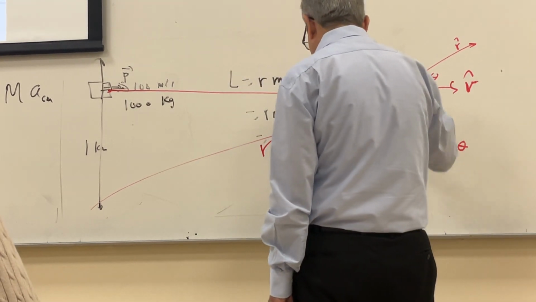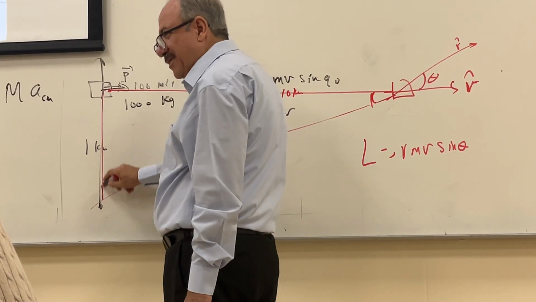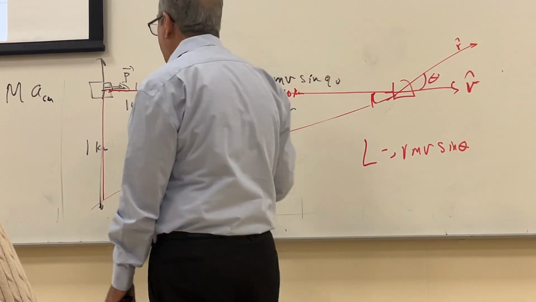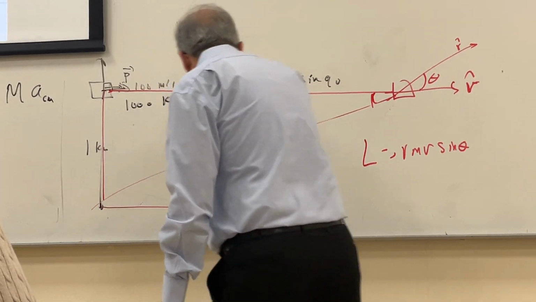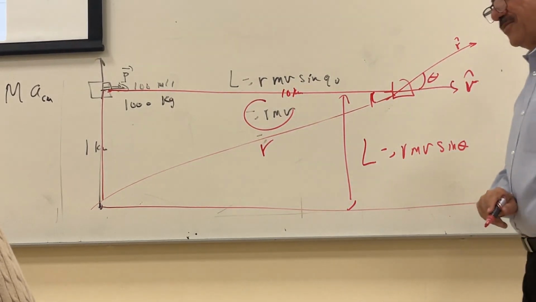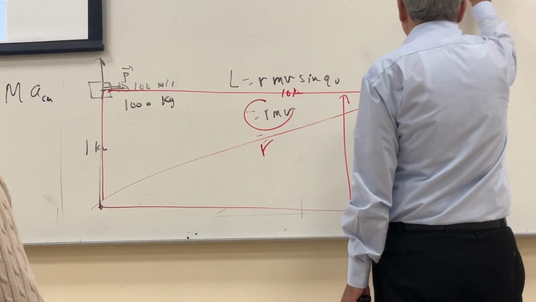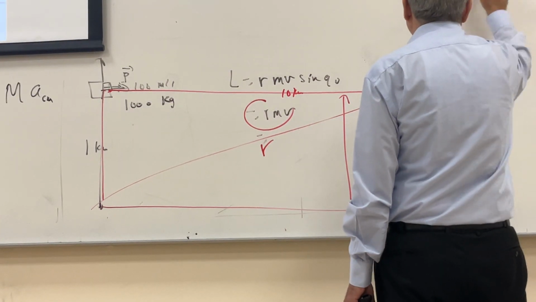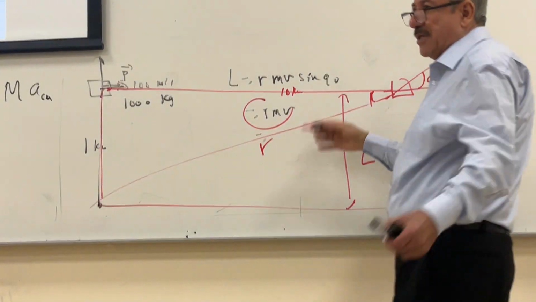What's sine theta? This is the opposite side. R sine theta is this one, isn't it? What's this? This is the initial one. It's the same as this. So the angular momentum depends on the perpendicular distance between them, which means L is equal to R perpendicular times P, equal to R perpendicular times M V, and the perpendicular distance does not change.